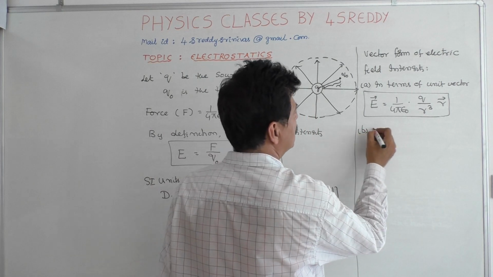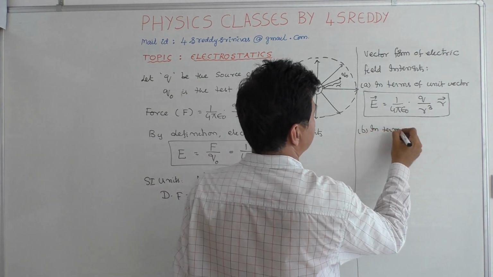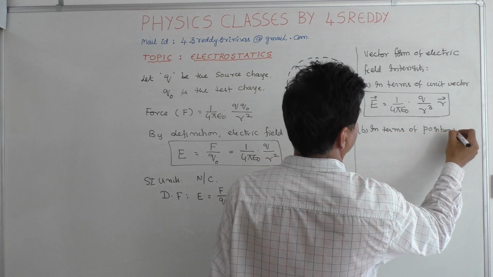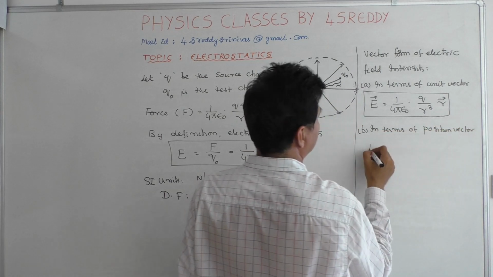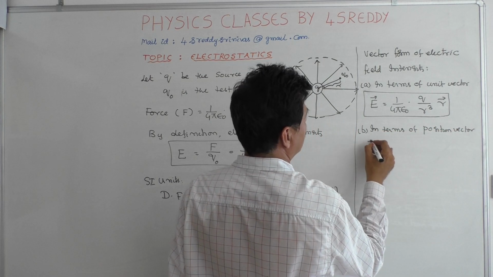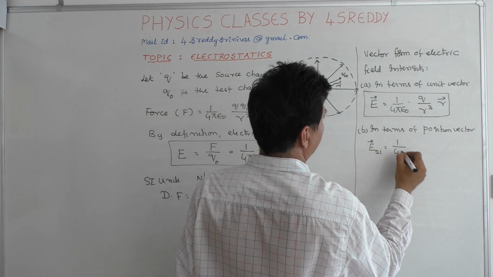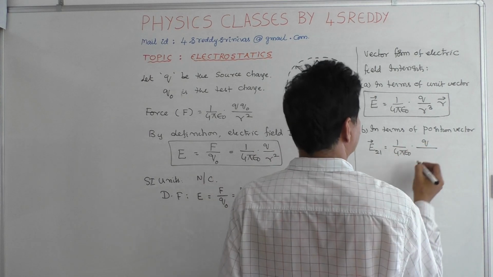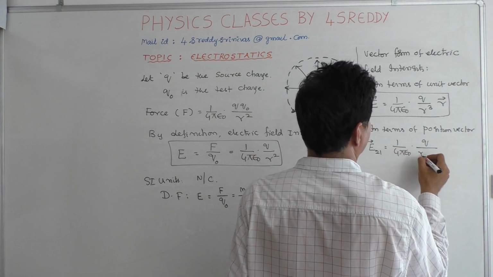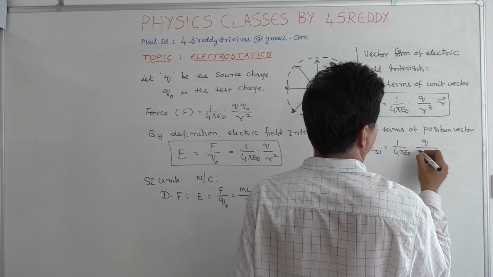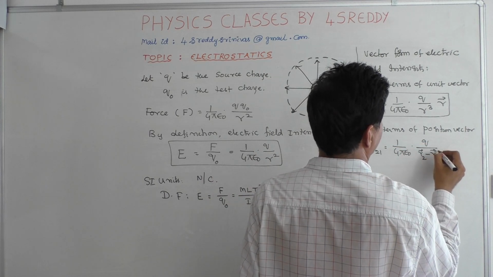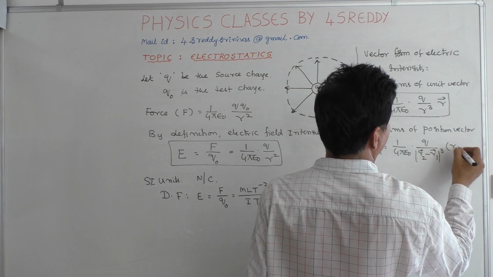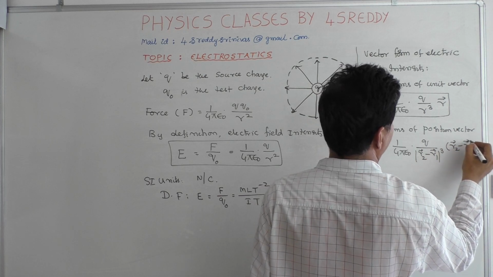In terms of position vector, E21 bar is equal to 1 by 4 pi epsilon naught Q by modulus of R2 bar minus R1 bar whole cube into R2 bar minus R1 bar.